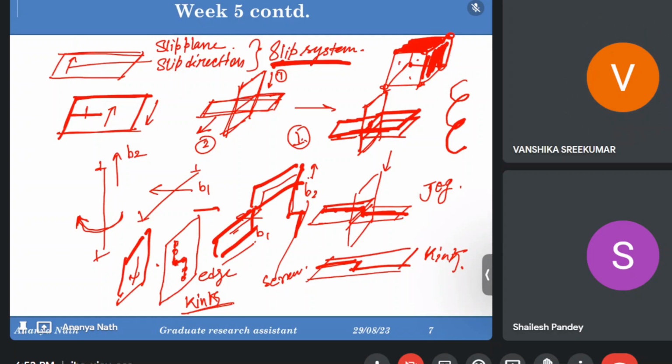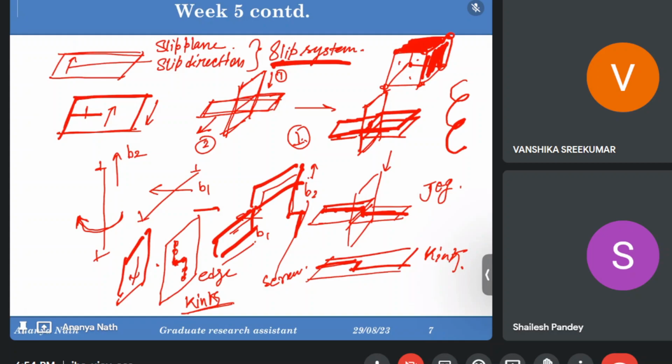And it has been found that generally whenever there is an interaction between edge and screw, if both dislocations have encountered a breaking, then the edge will have the jog and the screw will have the kink. It's not like they both always have the breaking.